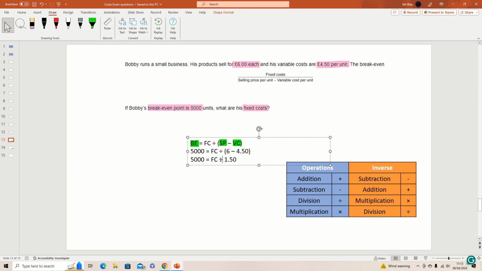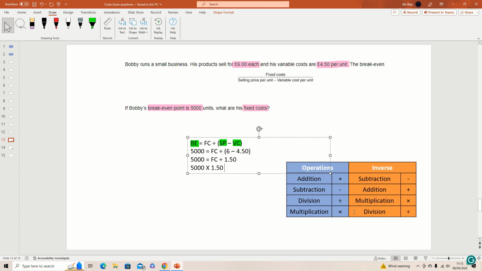So we need to take this 1.5 to the other side of the equal sign, which means the operation is division. On the inverse, on the other side, it's going to become multiplication. So it becomes 5,000 times 1.5.